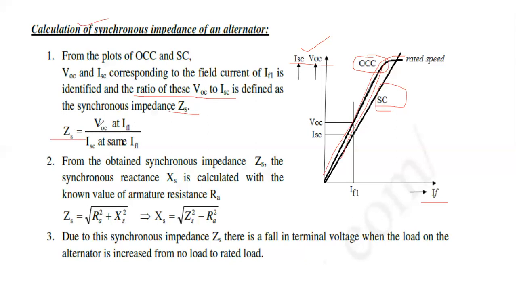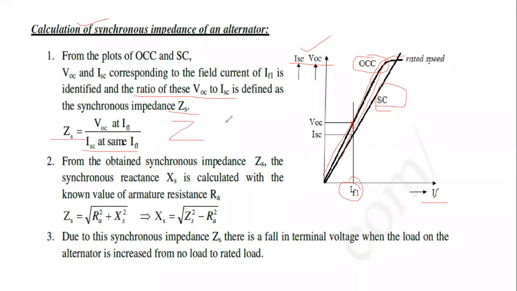Therefore ZS is equal to VOC at full load field current divided by ISC at the same IF. We consider one point, IF1, and at the same IF1 point we note down the ISC and the VOC.